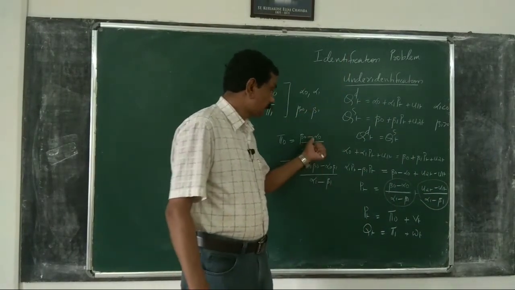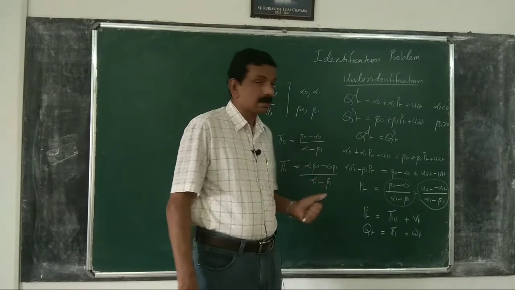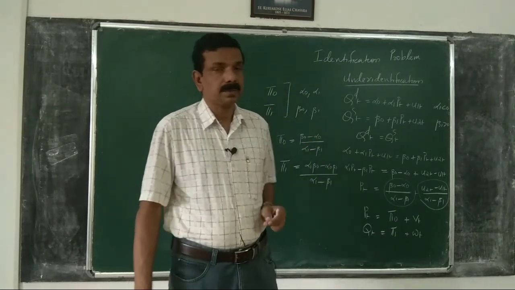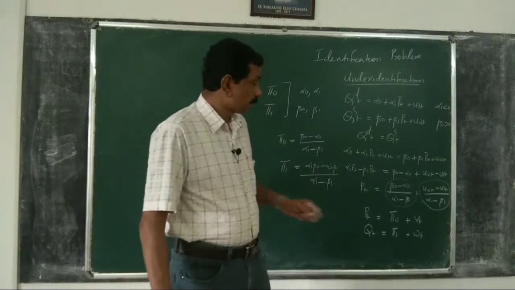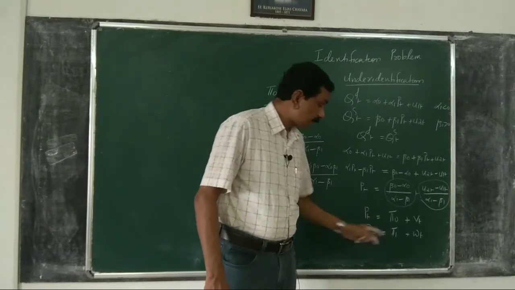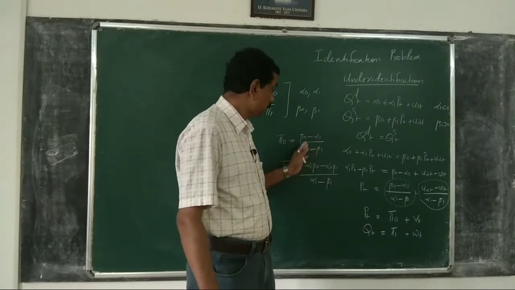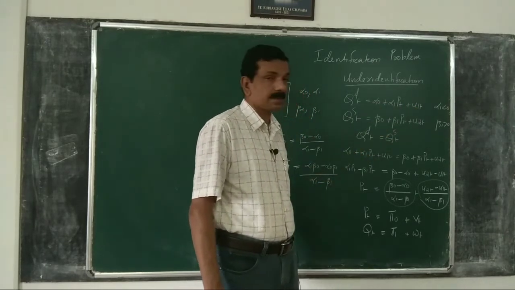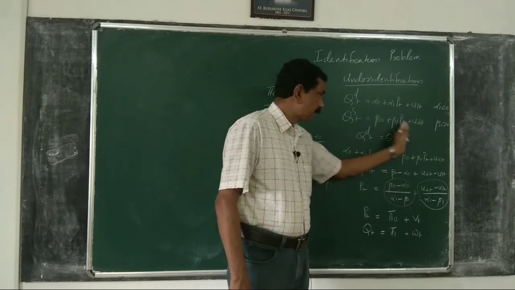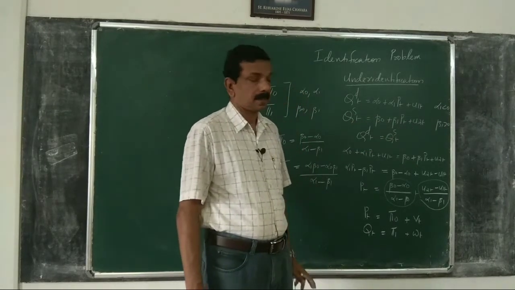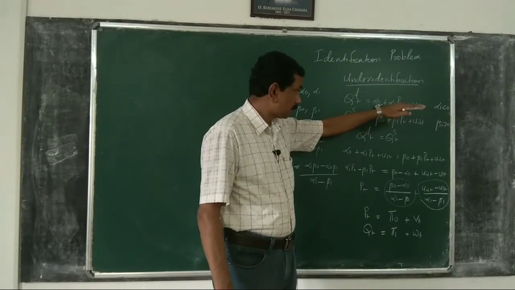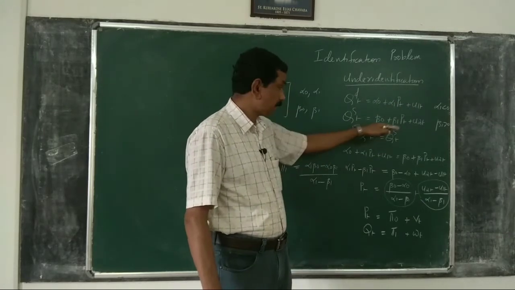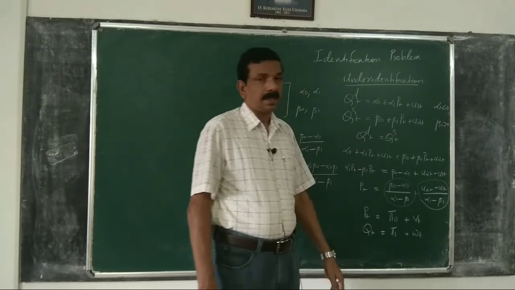Now we have a total of 4 unknowns and only 2 equations. So from the reduced form equations, you will not be able to obtain either the parameters of the demand equation or the parameters of the supply equation. That means the demand equation is not identified. Supply equation is also not identified.